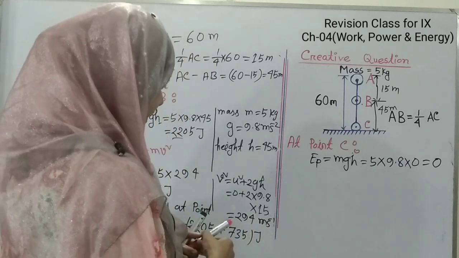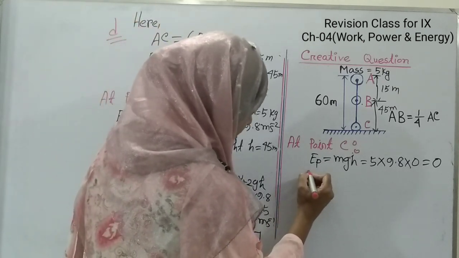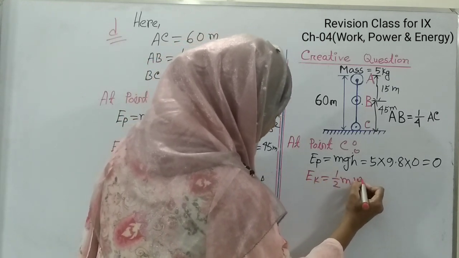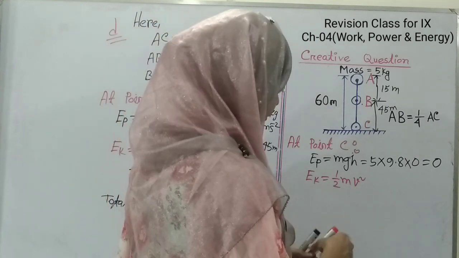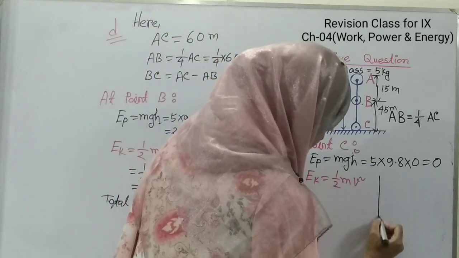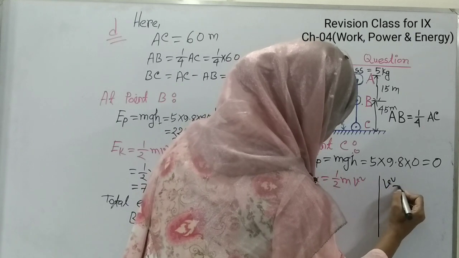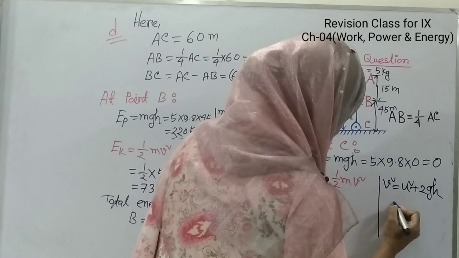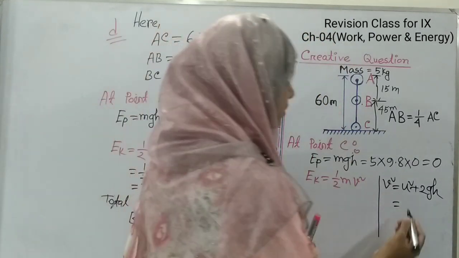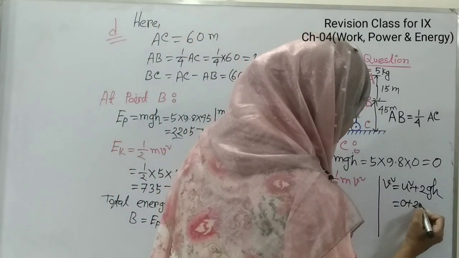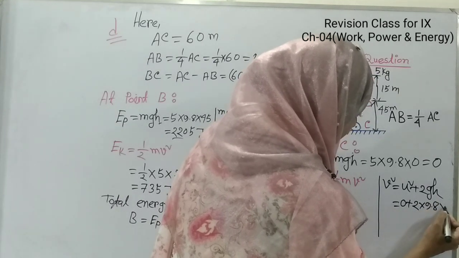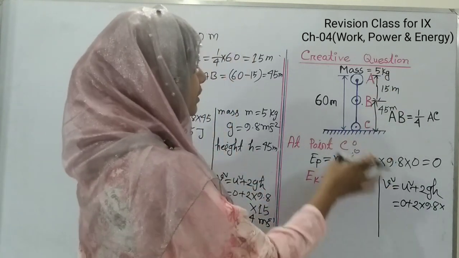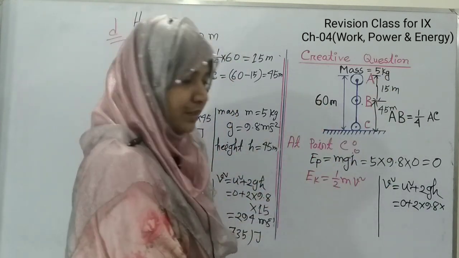Now kinetic energy, that means EK. EK equals half m v square. So v square equals u square plus 2gh. As it's a falling body, u is 0, g means 9.8, and a height. You can see that the object is touching the ground. That means the total height is 60 meter.